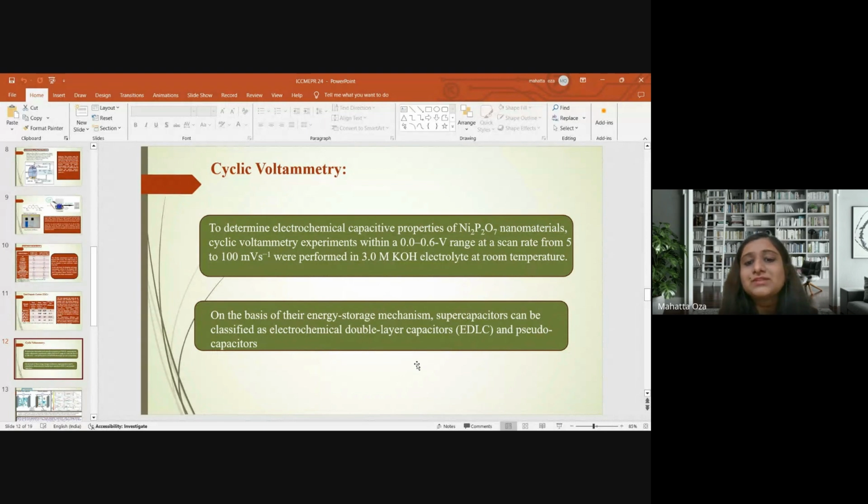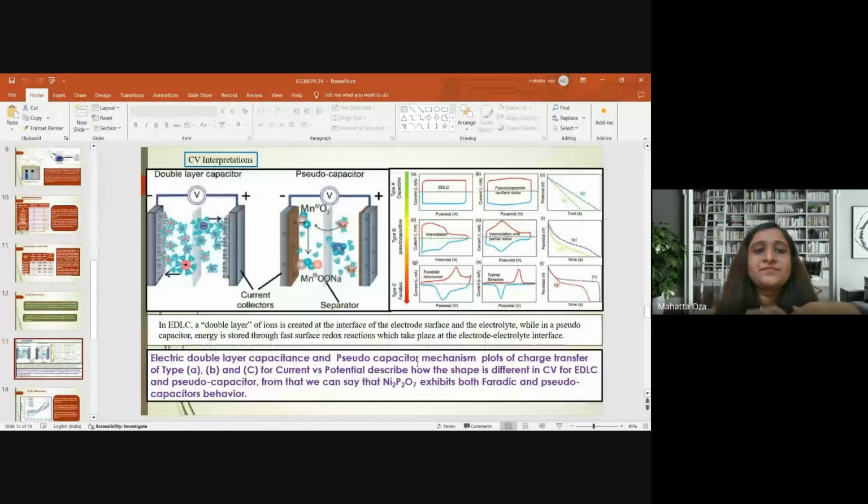On the basis of their energy storage mechanism, supercapacitors can be classified as electrochemical double layer capacitors and pseudocapacitors. In EDLC, that is the double layer capacitor, a double layer of ions is created at the interface of the electrode surface and the electrolyte, while in a pseudocapacitor, energy is stored through fast surface redox reactions which take place at the electrode-electrolyte interface.